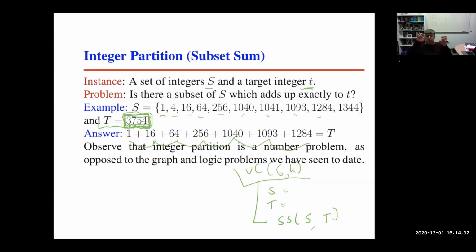Okay, that's kind of rough, but we're thinking about analogies. Subset sum was picking a bunch of numbers that add up to a target. Vertex cover was picking a subset of vertices that somehow take care of all the edges. Okay, maybe you don't see that yet.